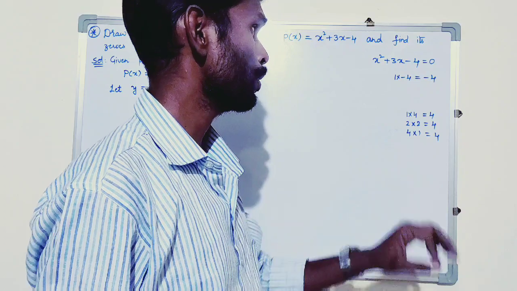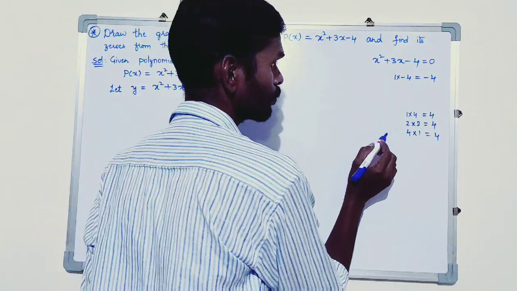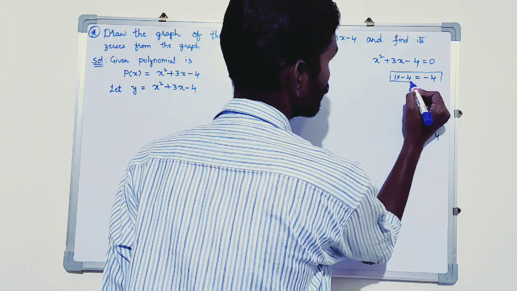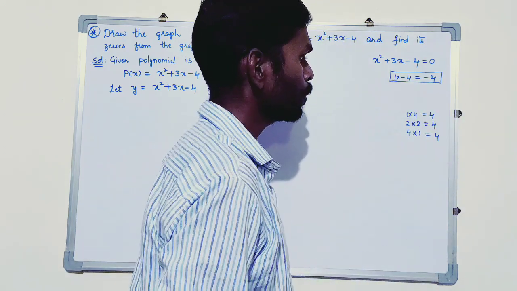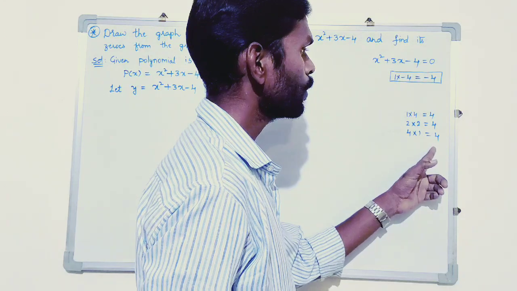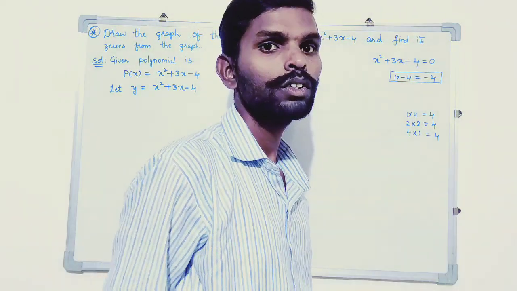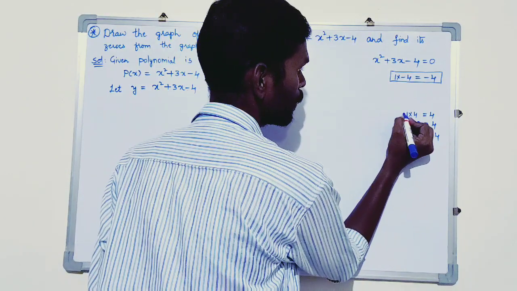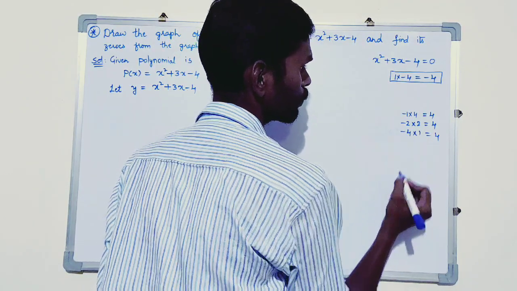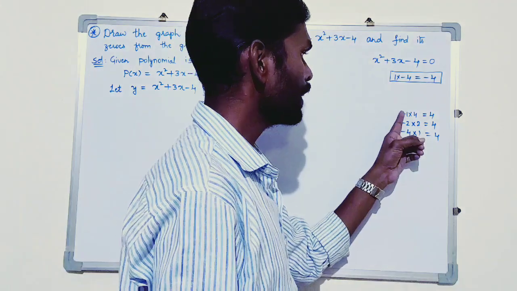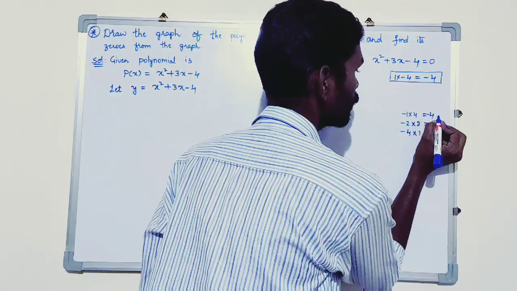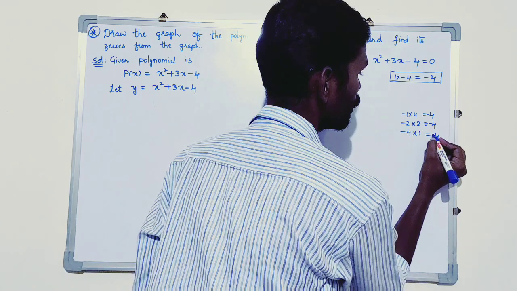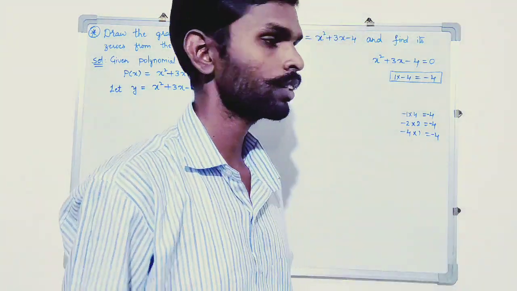3 cases are possible. But see here, our product is negative. So, to get a negative value, out of the two numbers, one sign must be negative. So keep one sign negative: minus 1 into 4 is minus 4, minus 2 into 2 is minus 4, minus 4 into 1 is minus 4.